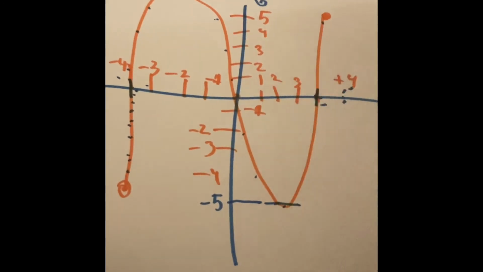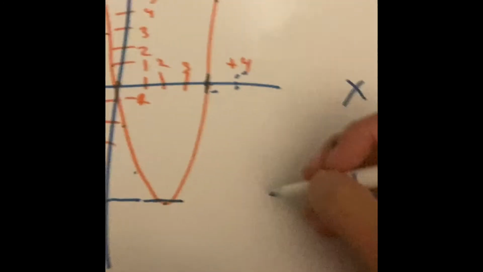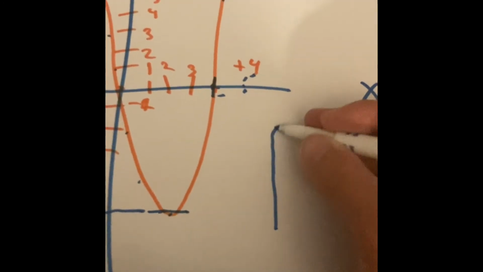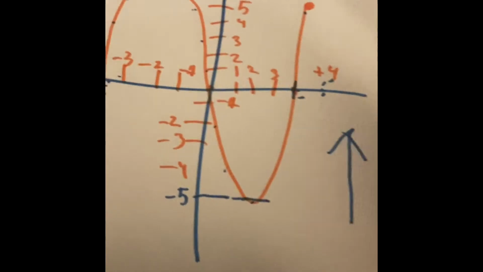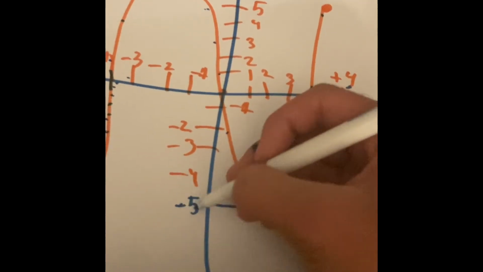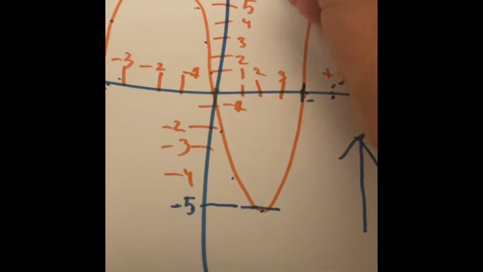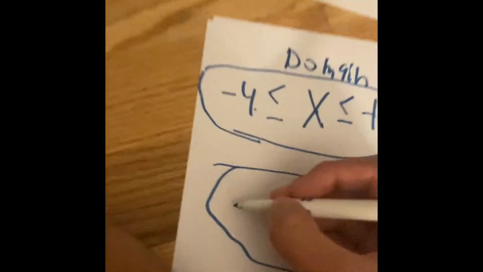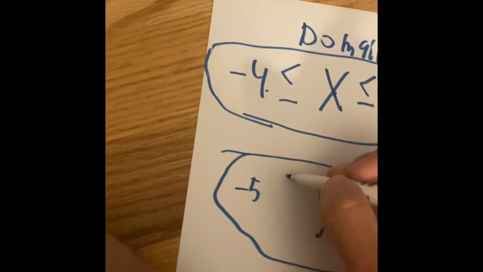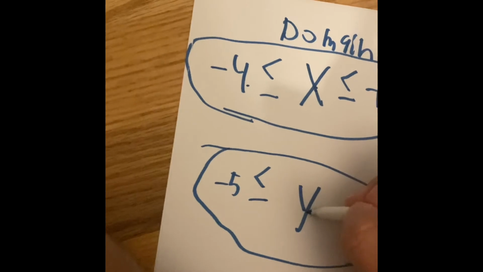So we're going to go from the bottom and rise up to the top, to the sky. We're going to say that -5 is going to be less than or equal to y.